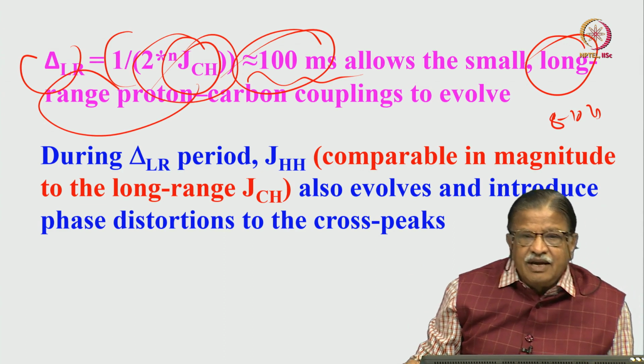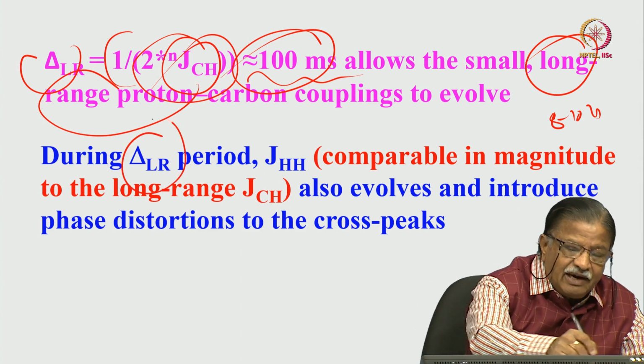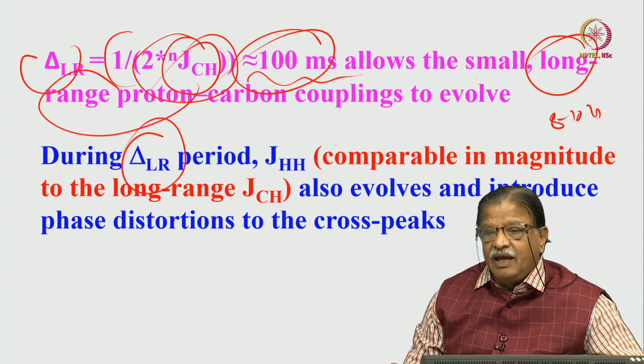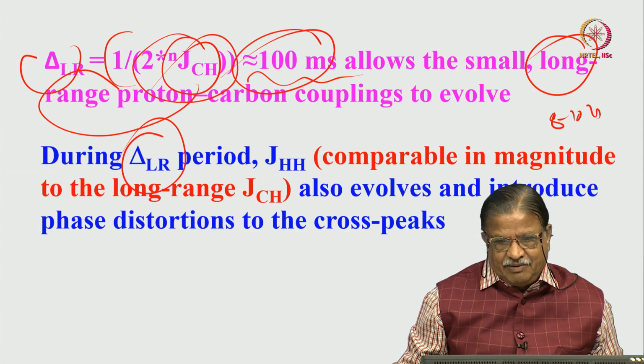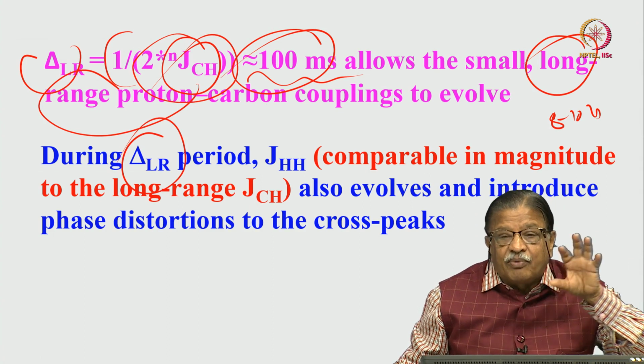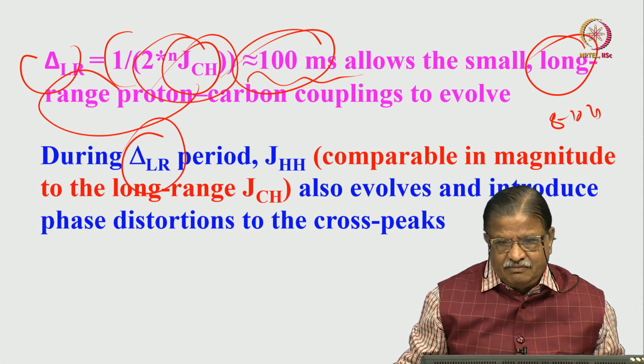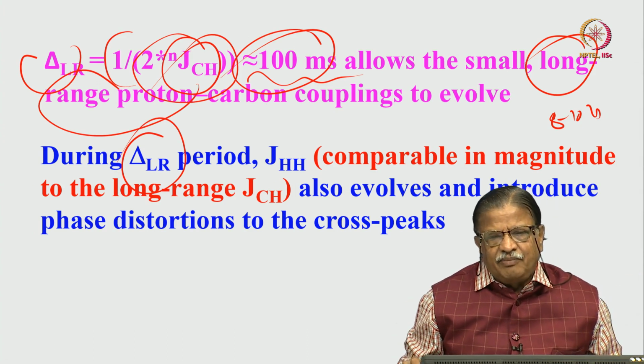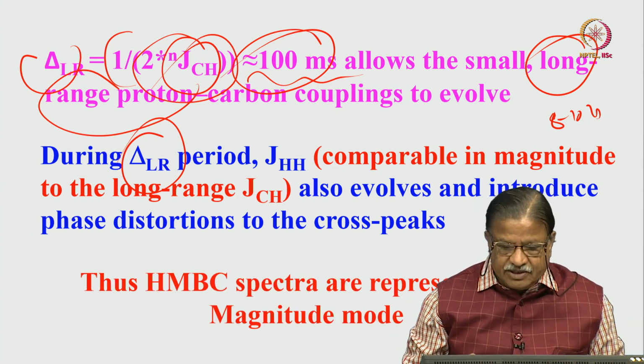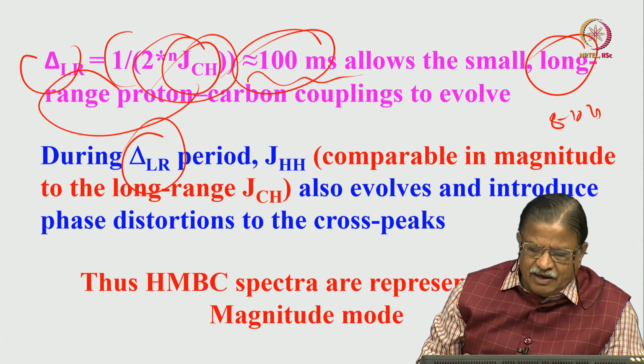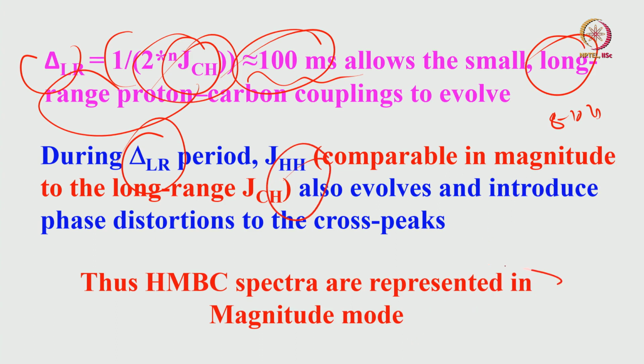As a consequence, in the filter period LR in the HMBC, in addition to long range CH couplings, we also have proton-proton coupling coming into the picture. As a consequence, the phase of the peak gets a little bit distorted. So this HMBC spectrum, because of this reason, we always record in the magnitude mode. Please remember, HSQC is always recorded in the phase sensitive mode. HMBC spectra are represented in the magnitude mode. Phase information is lost.